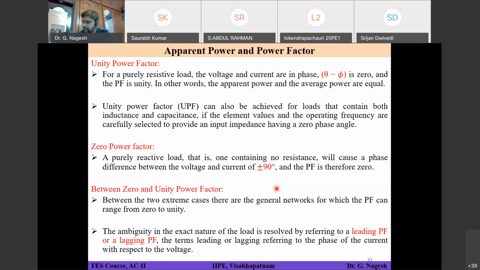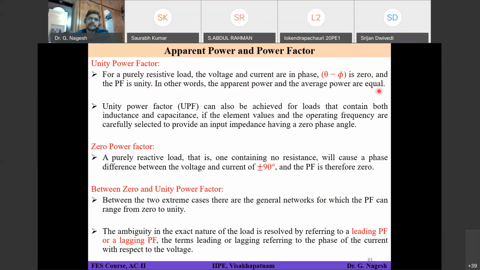For a pure resistive load, the voltage and current are in phase, so theta minus phi is 0. So cos 0 equals 1 and the power factor is unity. In other words, the apparent power and average power are equal.